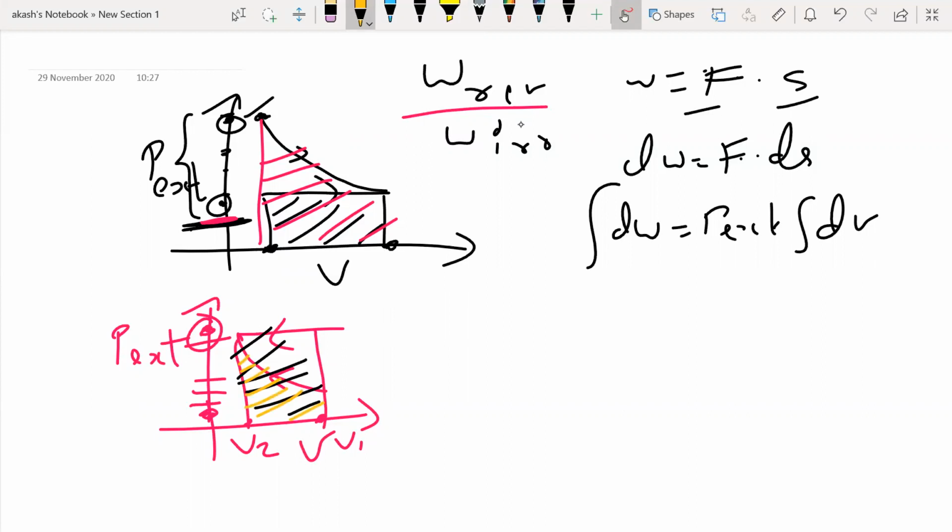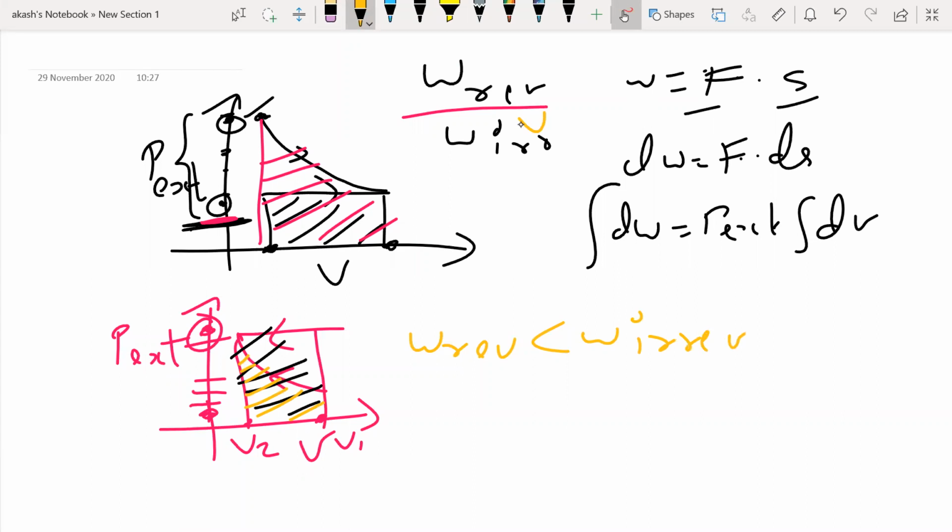You can understand, right? The entire area is included for irreversible, but only a small area is included for reversible. So in the previous case we saw reversible work done was more, but in this case, reversible work done is lesser than the irreversible work done.